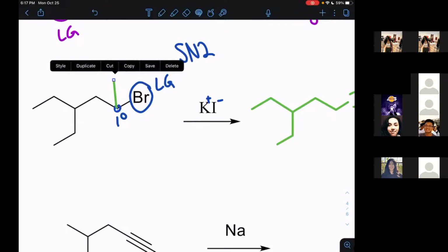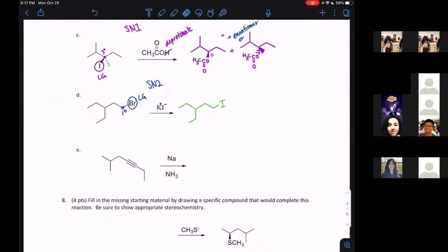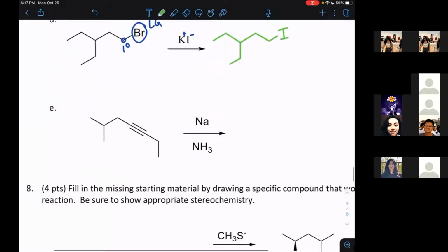You're showing both possible compounds, because you're showing enantiomers.